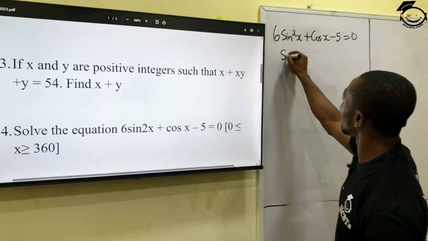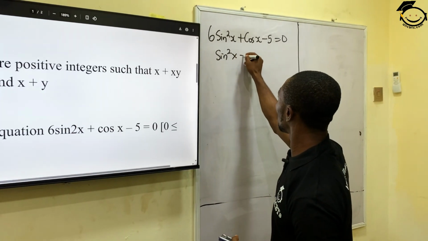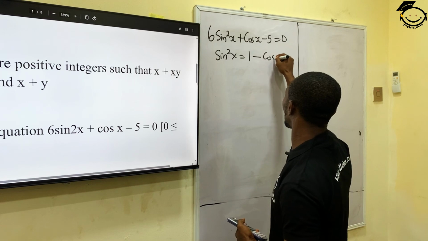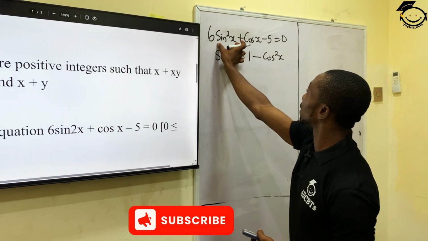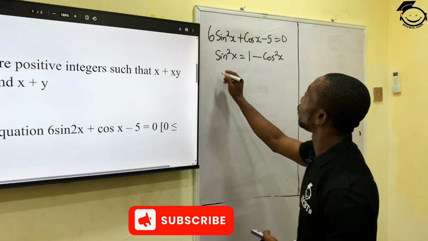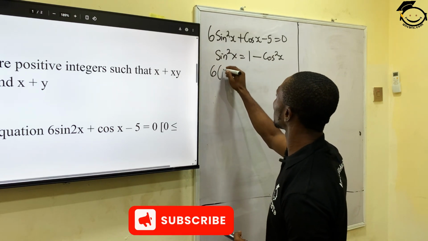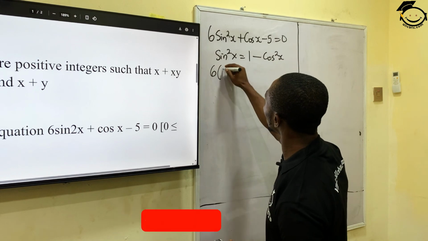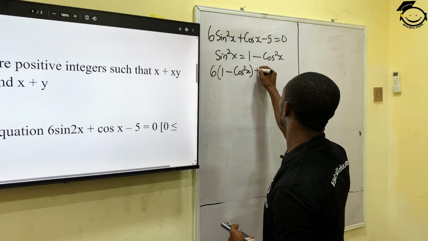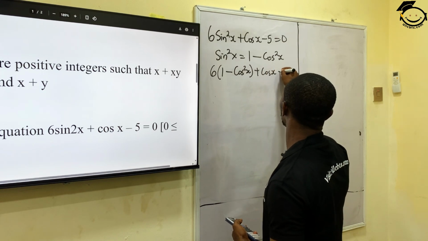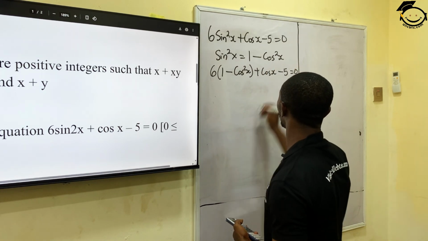Now, we know that sine squared x equals 1 minus cos squared x. So replacing sine squared x with this, we have 6 bracket 1 minus cos squared x plus cos x minus 5 equals 0.